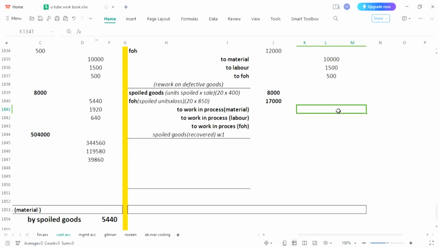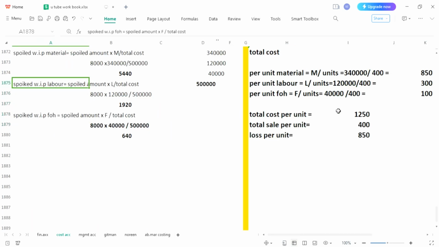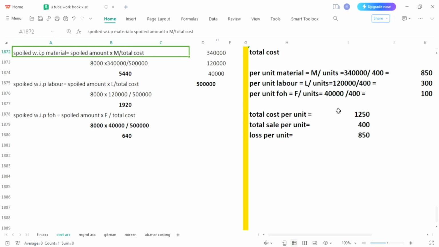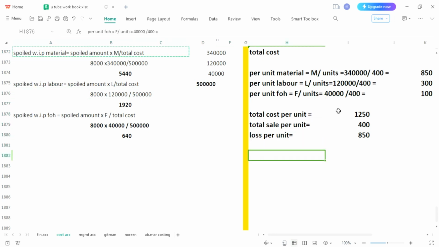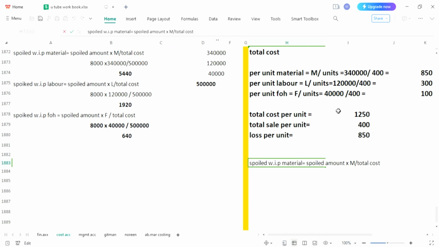As you know, these amounts would be calculated in terms of formula, the same way which you have used over here. So you will use these formulas as they are for calculation of work in process. These would be present, but here there will be a slight change. You will add both spoiled recovery and loss over here in the second case.